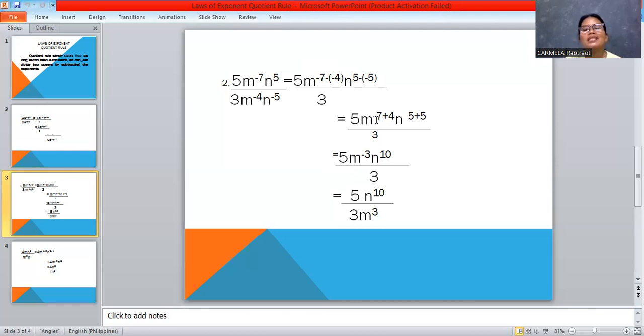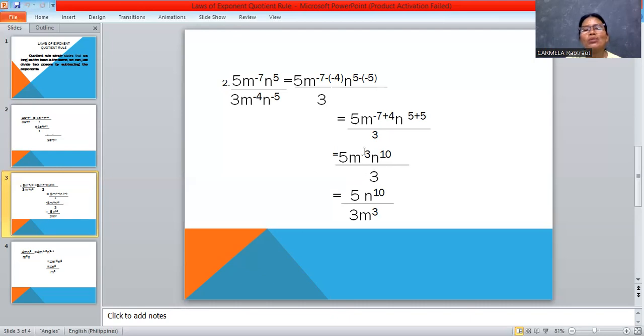So this is negative 7 plus 4, that is negative 3. And for n, 5 plus 5 is n raised to the power of 10. So your answer is 5m raised to the power of negative 3, n raised to the power of 10 over 3. Now there is a negative exponent.